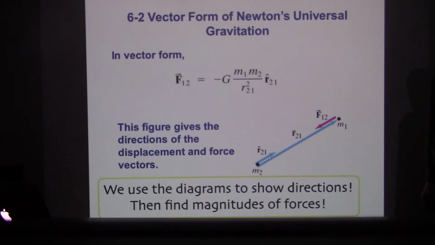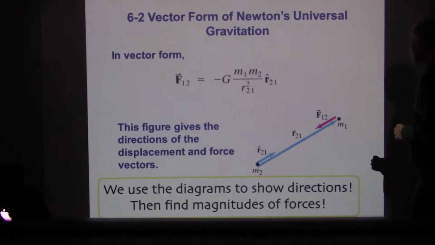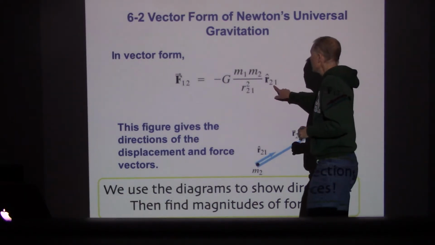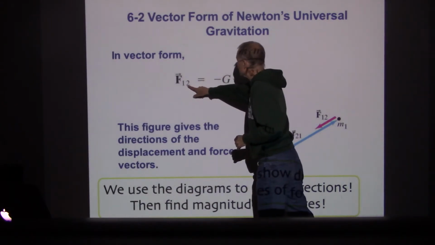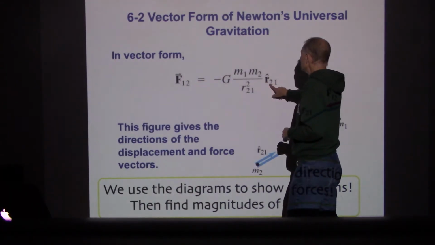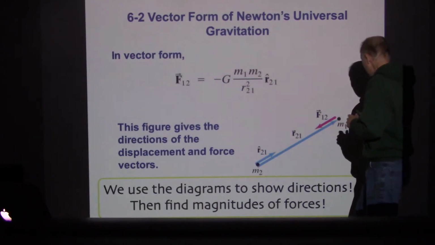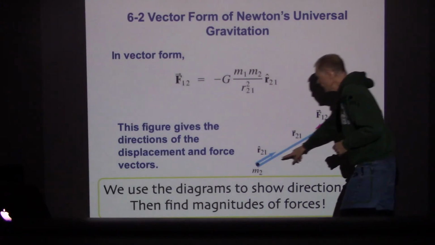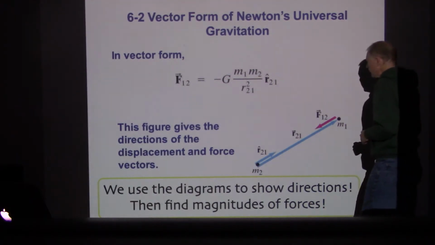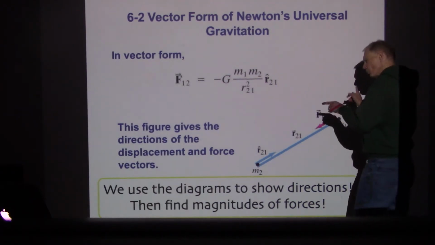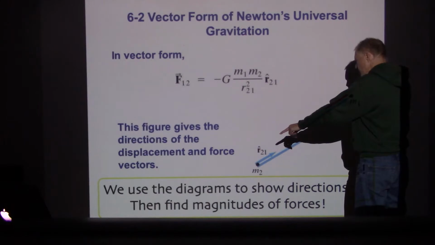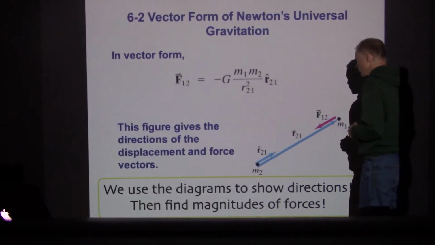If you remember, unit vectors have magnitude 1, and they're only keeping track of direction. And then the force, they're saying, is opposite the radial unit vector. So if these are the two objects, m1 and m2, then the unit vectors point away from the objects, and the forces are back towards each other.